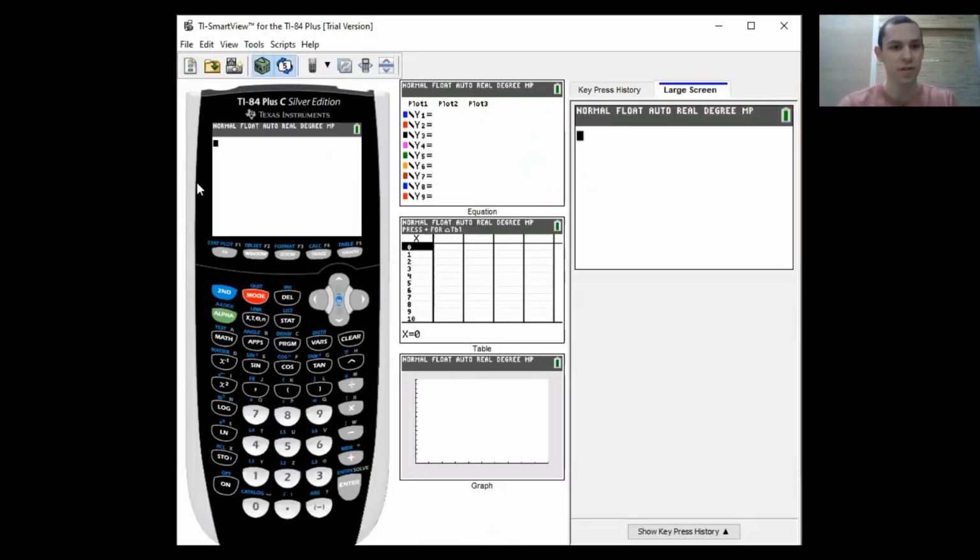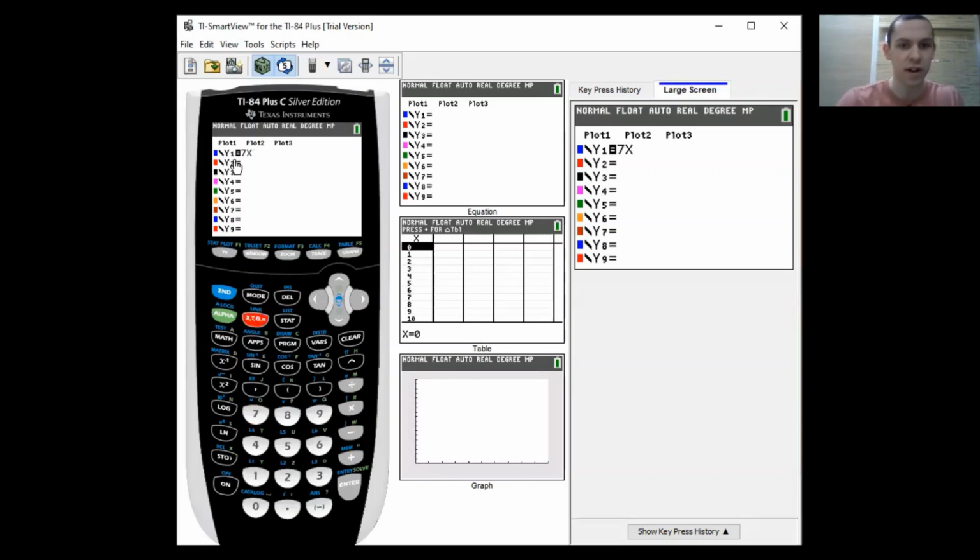So hopefully now you can see the calculator. So if I go back up here to my Y equals, just to make sure it's sharing that, it is good. So if we type this first function for the cost, it is 7. Remember, we replaced that N with an X, and it's already set to Y equals, plus 350.